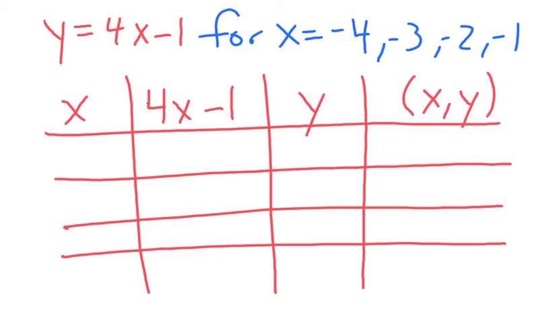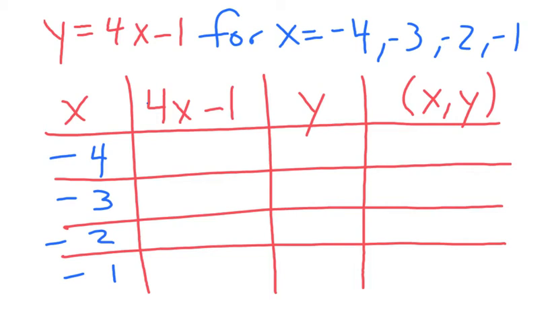So you take those values to fill in the x column of the chart. So fill that in. This is negative 4, negative 3, negative 2, negative 1. Now, we're going to take them one at a time, and we're going to put them into this, do the math, and find out what y is.